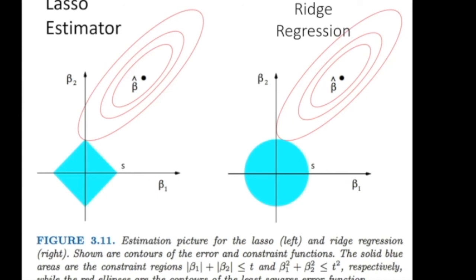There's a shrinkage effect, but it doesn't shrink to 0. Lasso is also shrinking, but the shrinking is a little bit different. It shrinks a lot of those betas to 0. One is a soft shrinkage. The lasso is a hard shrinkage.